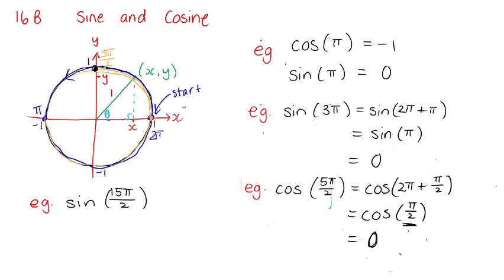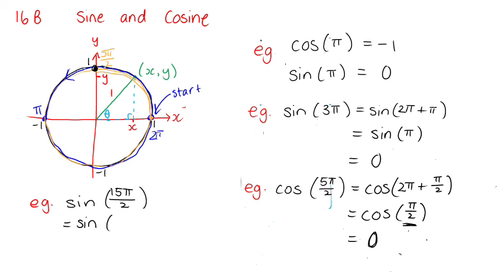Okay, so sine 15 pi on 2. Now, what's 15 divided by 2? 7.5.